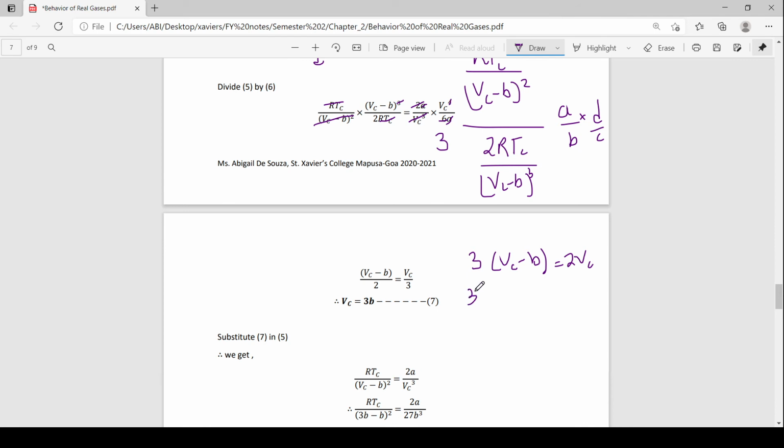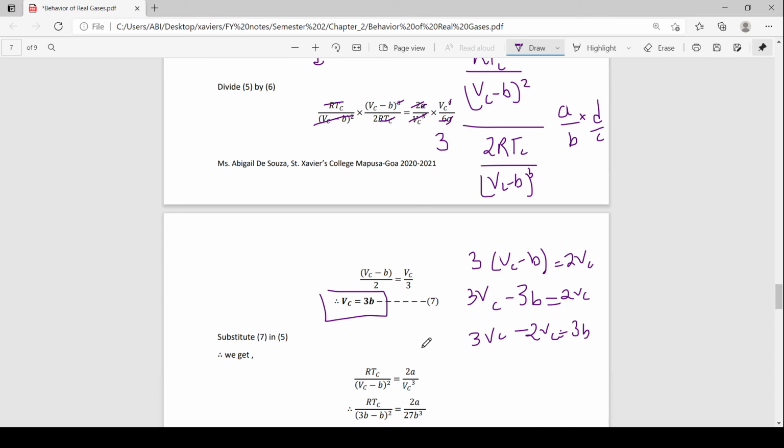Then what I get is 3Vc minus 3b equals 2 times Vc. So I can bring Vc terms on one side: 3Vc minus 2Vc. I can take my 3b term on the other side. So I get Vc equals 3b. So I got my first critical constant, or the expression for my first critical constant, that is of volume, and I have got it as Vc equals 3b.